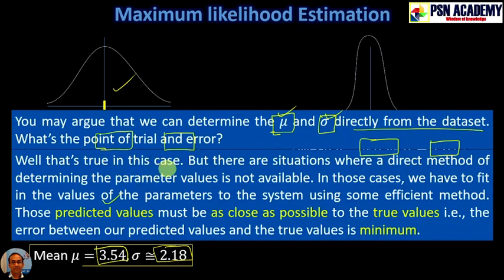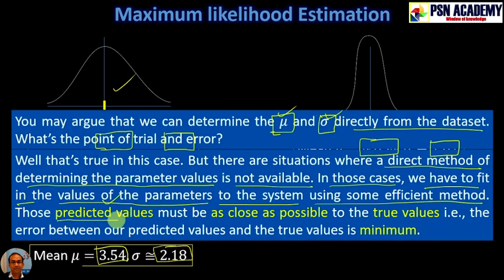Well, that's true in this case, but there are situations where a direct method of determining the parameter values is not available. In those cases, we have to fit in the values of the parameters to the system using some efficient method.